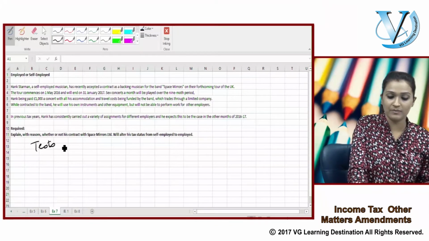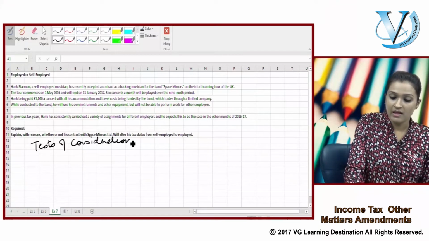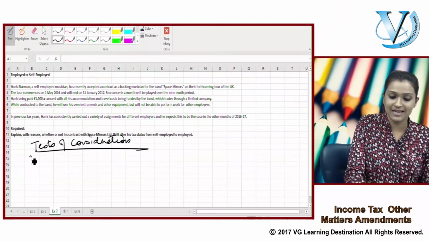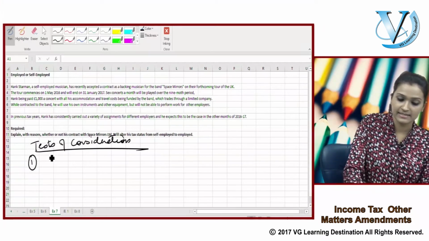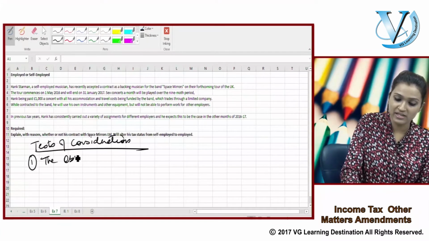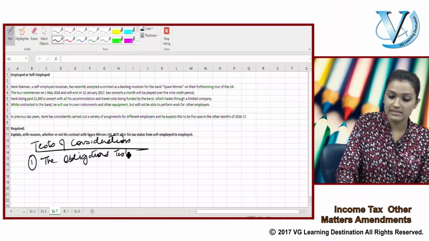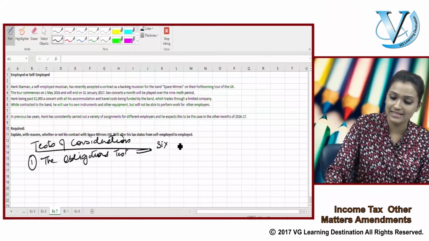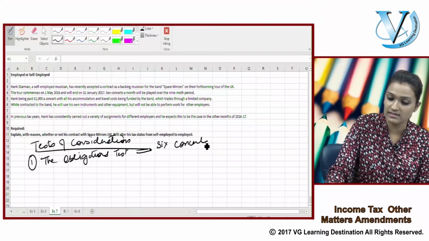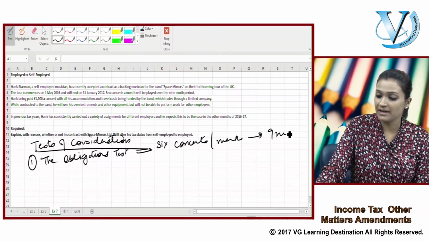The first test of consideration is the obligations test. Now, very clearly, you've been told that you need to perform 6 concerts per month for 9 months.